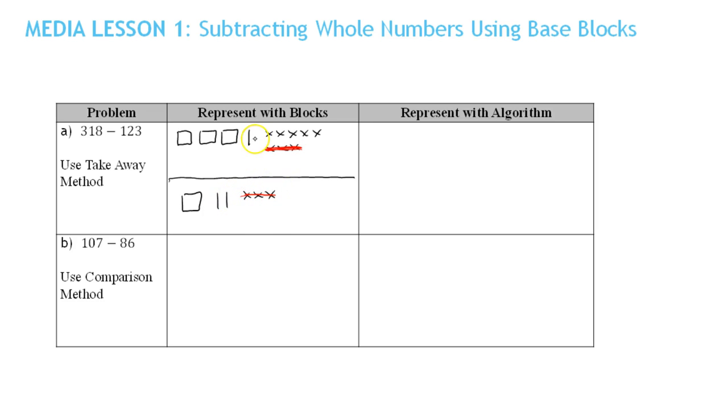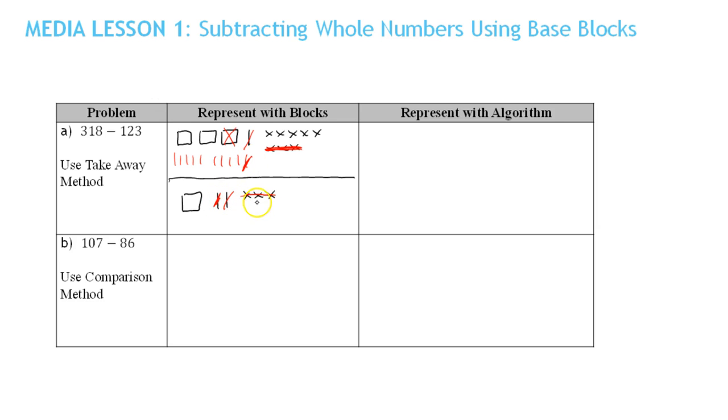We want to cancel these 2 rods. So we cancel 1. But now we don't have any more rods to take away. This is where we have to break up a flat. So I'm going to cross that out and write 10 rods. Now we can cancel out another one.